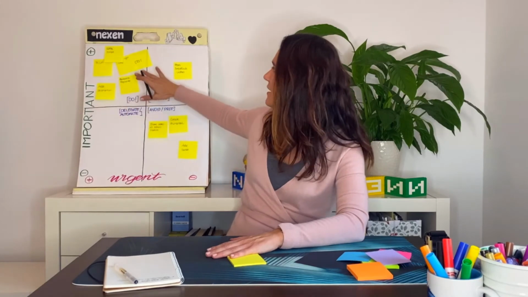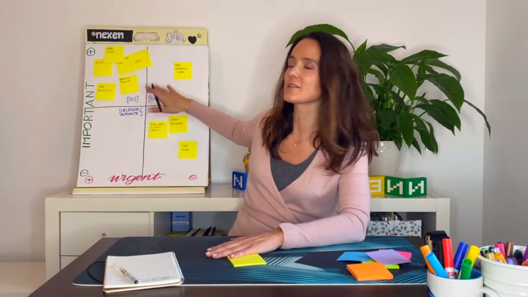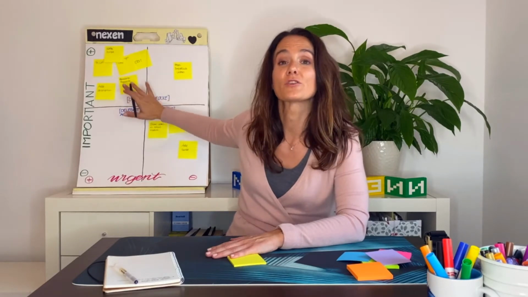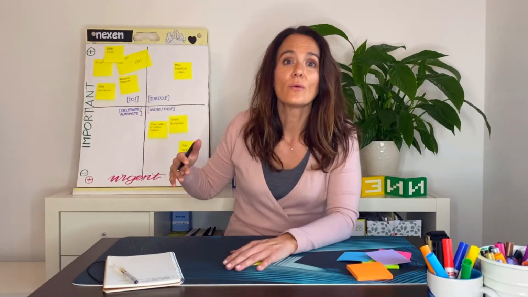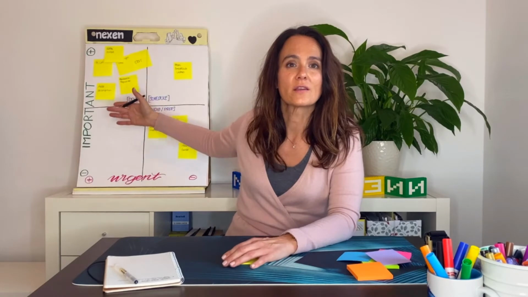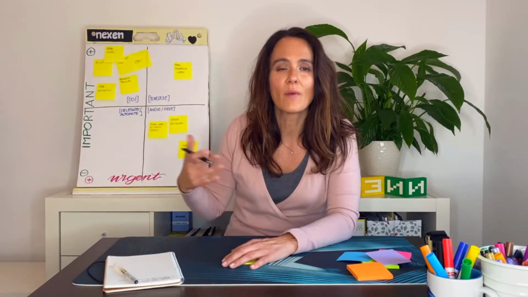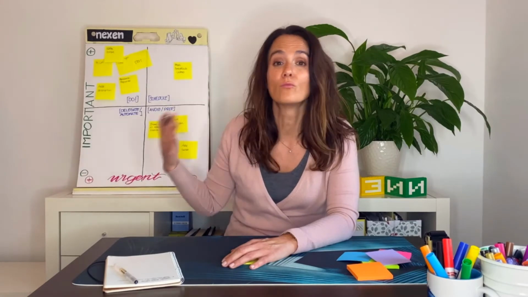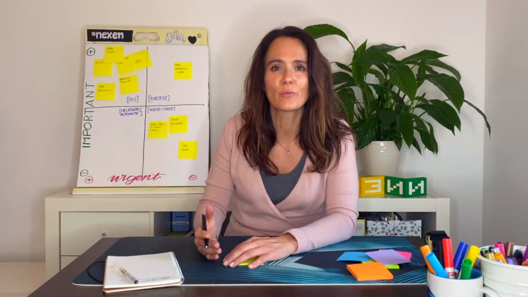So right here, I've filled it with the tasks that allow me to film, create and publish a YouTube video. There's a lot of things like write the script, film, edit, research keywords, add thumbnails, publish on social media.